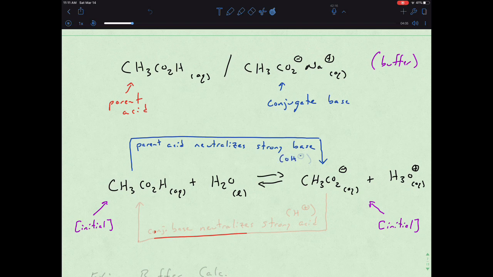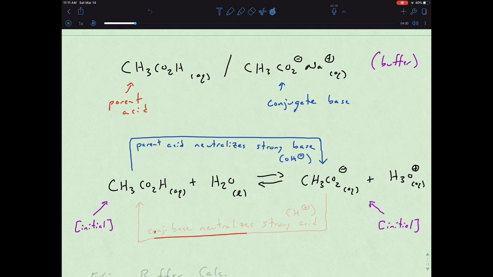If we were to add hydroxide to this buffer, the acetic acid component of the buffer would neutralize it. And so while we are putting hydroxide directly into solution with this addition of strong base, it never actually affects the pH, because the parent acid, the strongest acid of the buffer, neutralizes it.